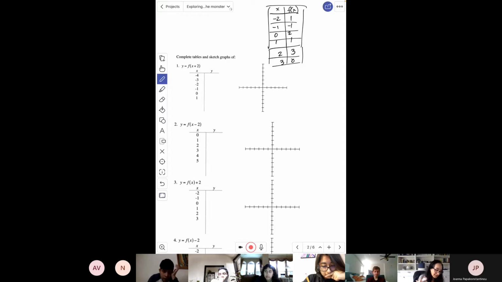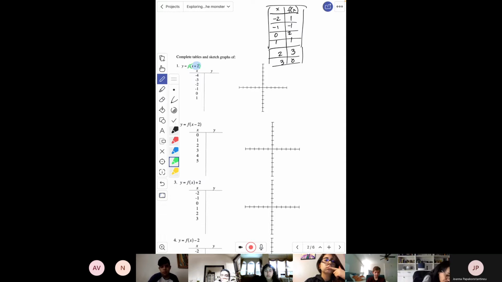Okay, so we're going to try to identify the transformations. So what is happening? I see that there is a +2 attached to that x. So if I want to read this in terms of function notation, it is saying evaluate the function when I take each of the x values that are stated and add 2 to it.